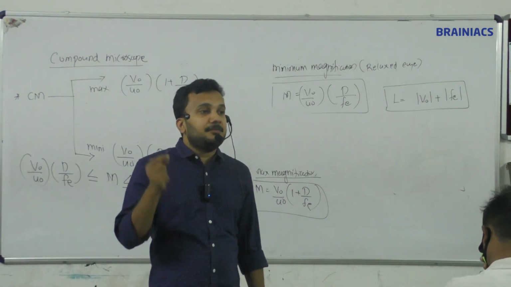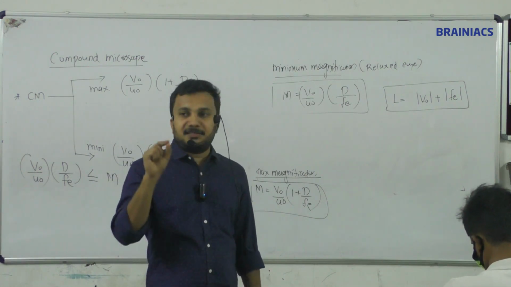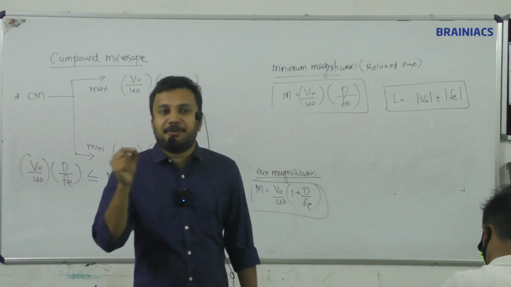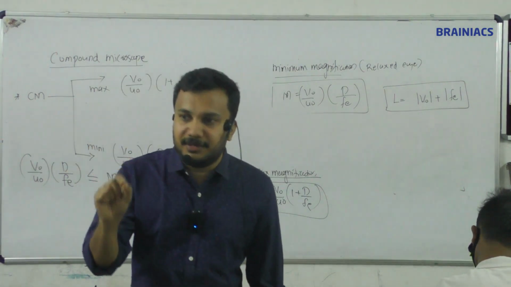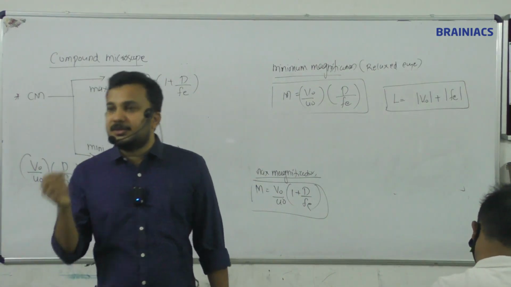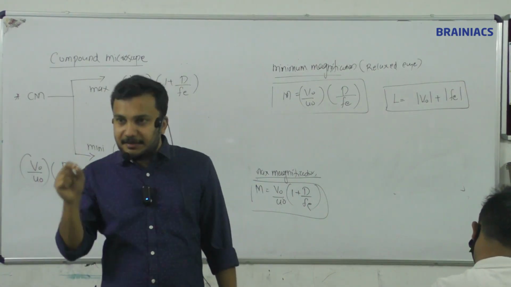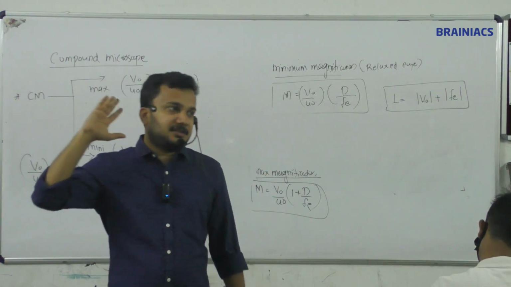Okay, next, what is the additional thing? The final image is formed at the least distance of distinct vision. What is the inference of that statement? The final image is formed at D, at a distance of D. I know that is the condition for maximum magnification. So final image formed at D means final image formed at 25 centimeter. Who creates the final image? The eyepiece lens.